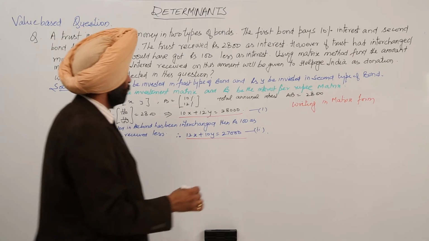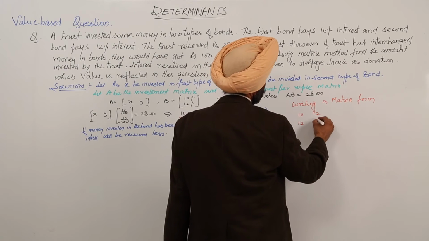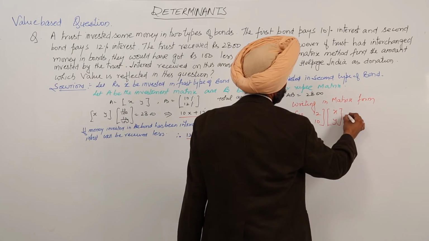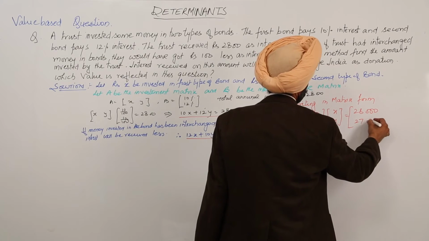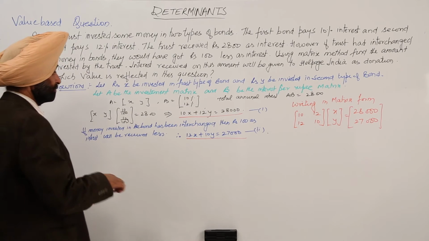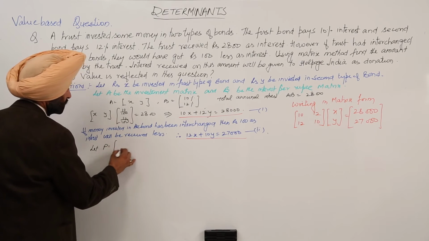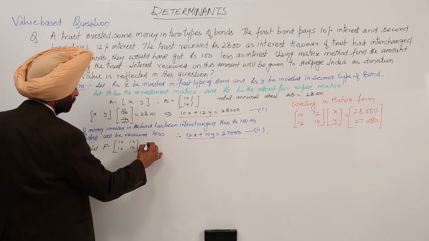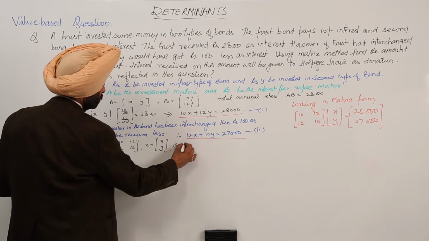Now 10, 12, 12, 10 with [x y] is equal to Q. Now let P is equal to [10 12; 12 10], X is equal to [x y], Q is equal to the right-hand side matrix.